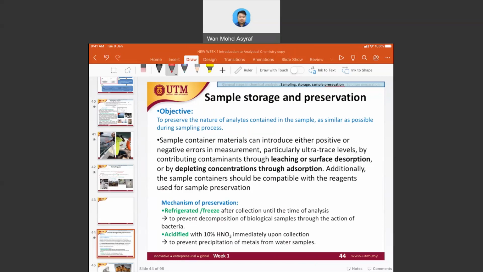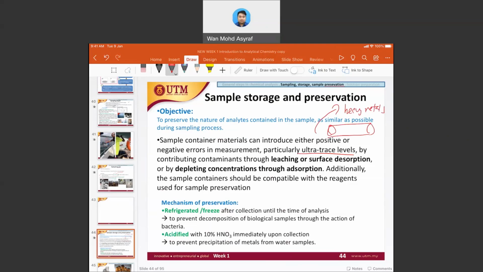All right, so sample container materials can introduce either positive or negative errors in measurements, particularly at ultra trace levels. For example, you sample liquids in a sample tube. What do you want to measure? Heavy metals inside the liquids.